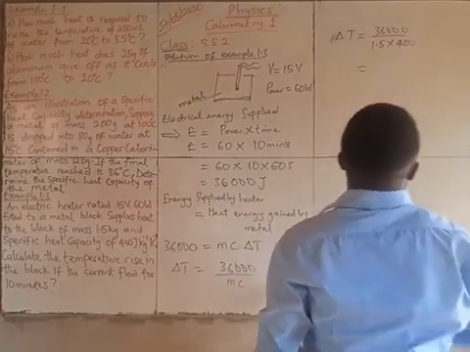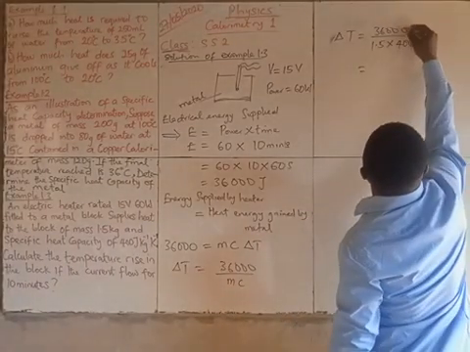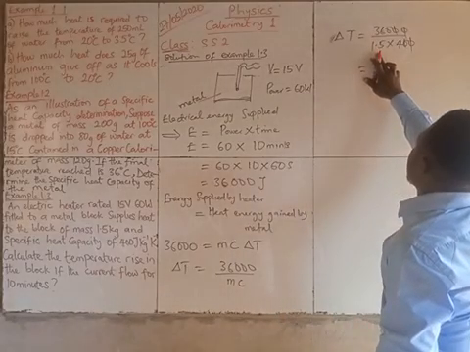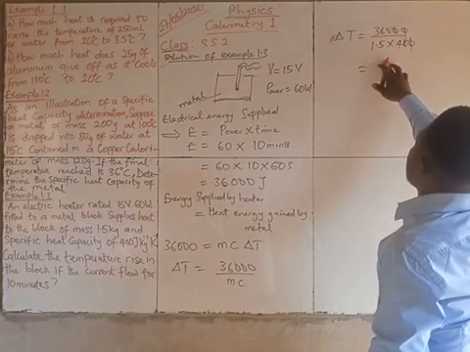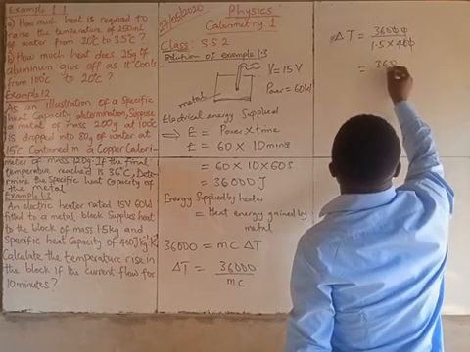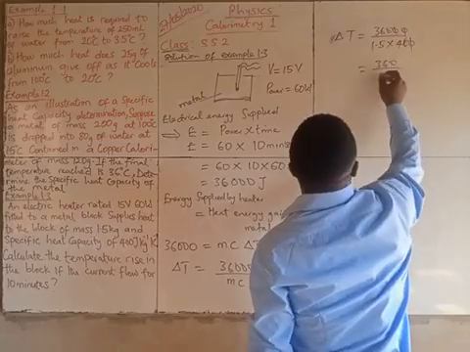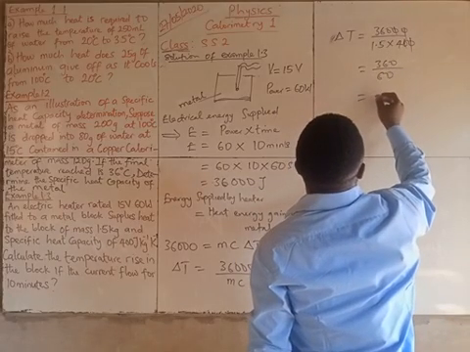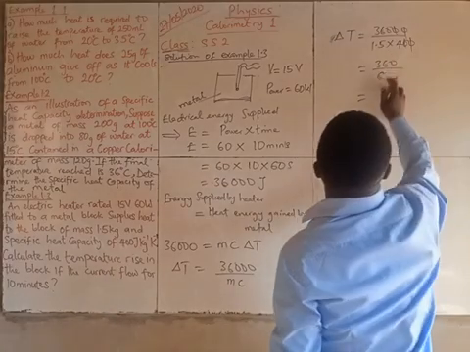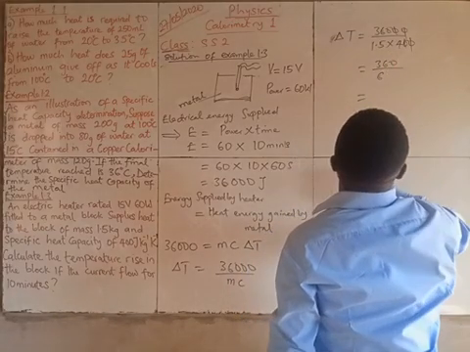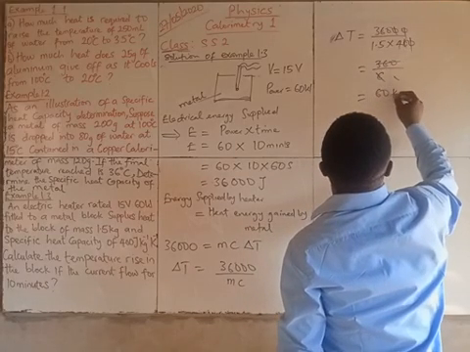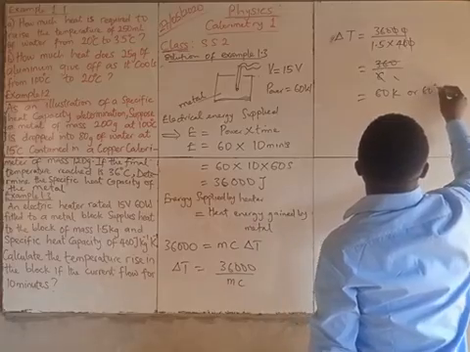By the time you do this, zeros cancel zeros, you are left with 360 over 30 times 2, and 30 times 2 will give us 60. This gives me 60 Kelvin or 60 degrees Celsius.